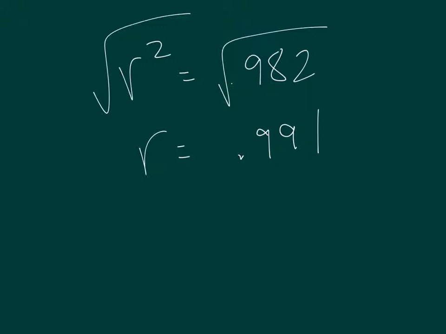Now, you also need to realize that this could have been positive or negative, and you can tell what it is by looking at the slope. If the slope was positive, then your R is going to be positive. If it was negative, then your R is also going to be negative. So your slope and your correlation will always match.